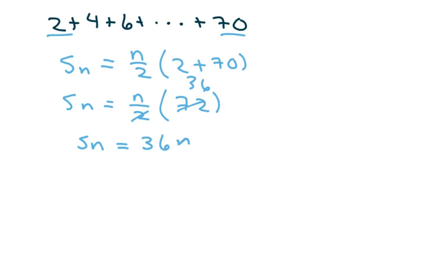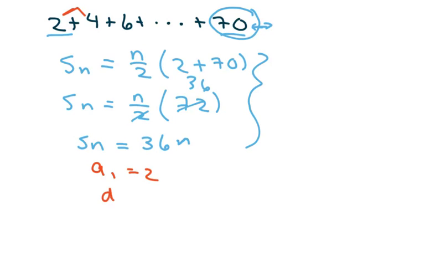Now what you notice here is that this part here did not have an n in it. So basically on these kind, we really don't want to do what we just did. What we want to do is write my first term equals 2, my common difference is 2. And we're going to find n.